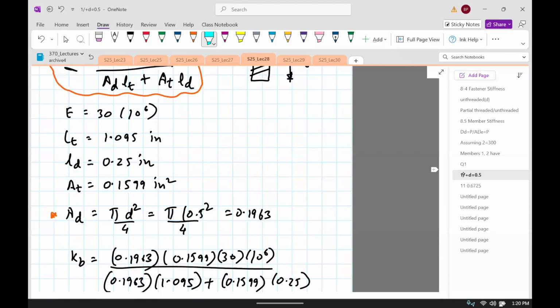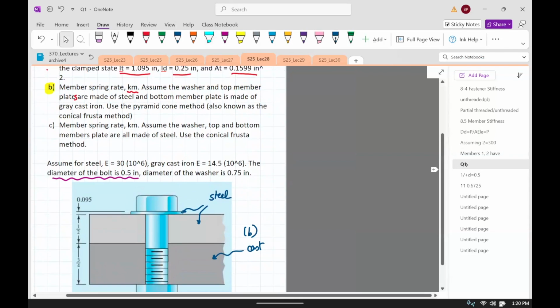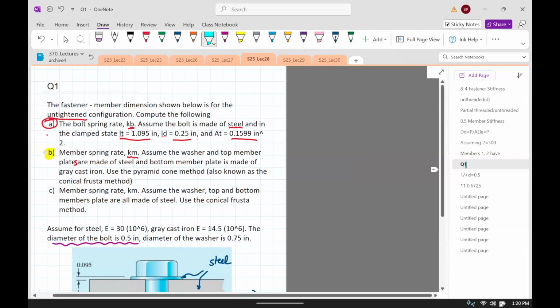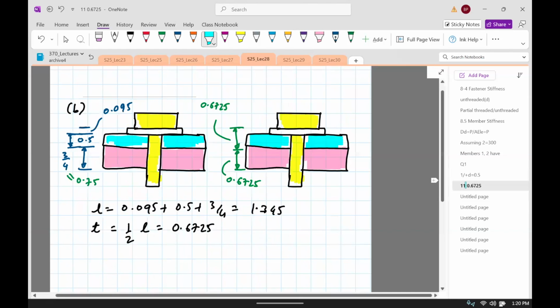It turns out that the washer, or the bolt, assume the washer and the top member are made of steel. So that's actually very important. So these two members have the same material.